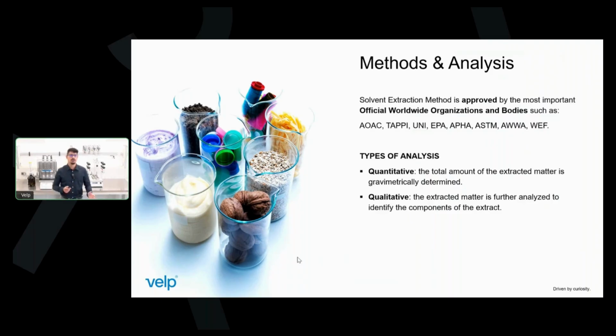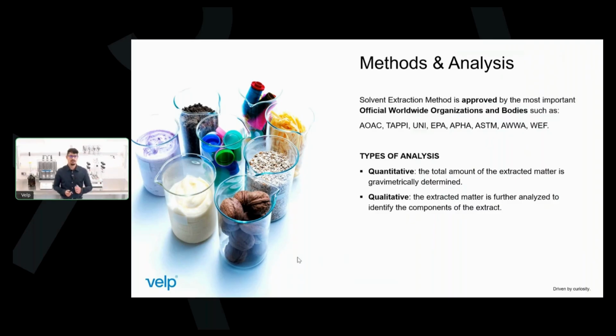In particular, when we refer to solvent extraction, we can have two different types of analysis. We can talk about quantitative analysis or quantitative determination, where the total amount of the extracted matter is measured gravimetrically. This means that we are determining how much of a specific component, such as, for example, a fat, is present in the sample.